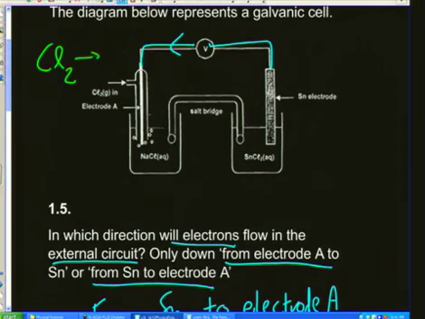Chlorine gains 2 electrons to form chloride ions. Sorry, I had written it incorrectly at first. That's right. So we've got more chloride ions here.